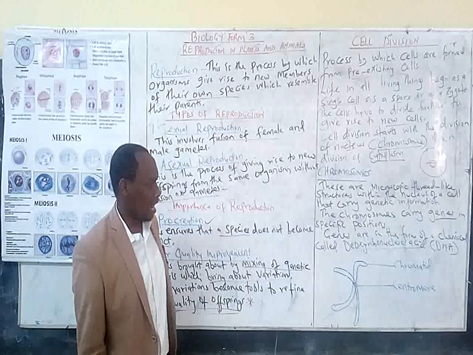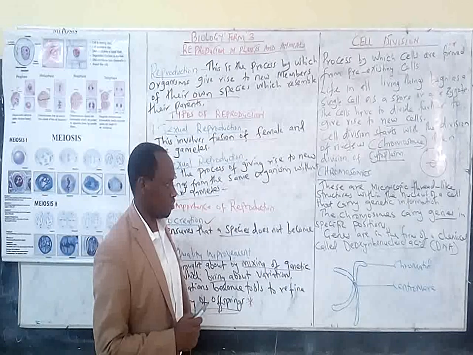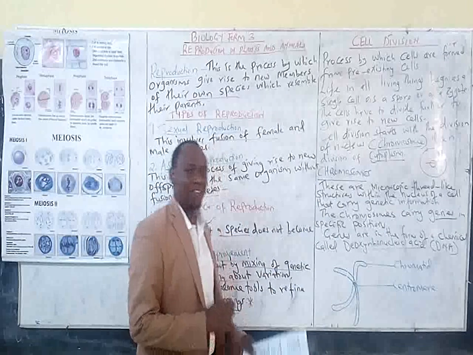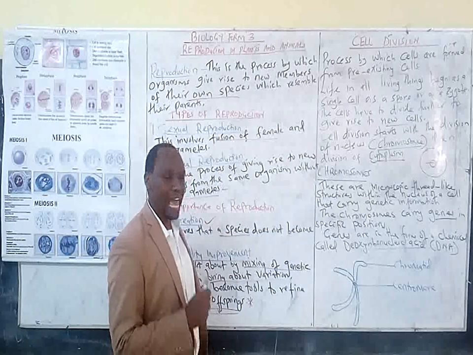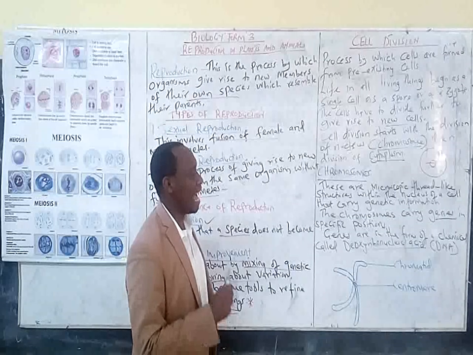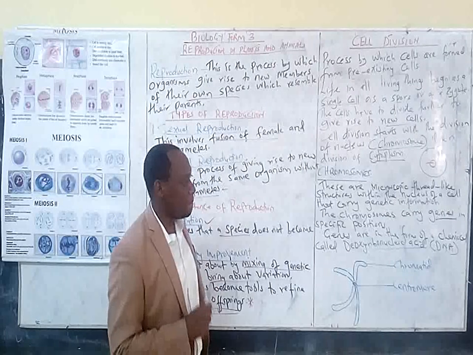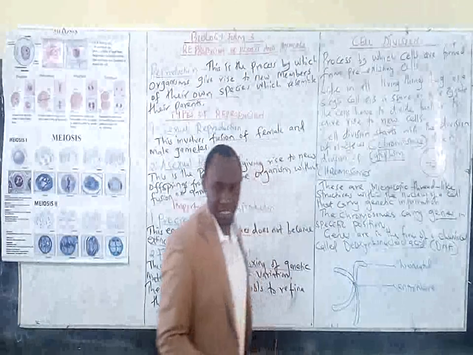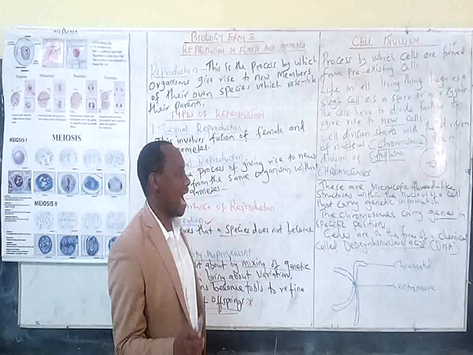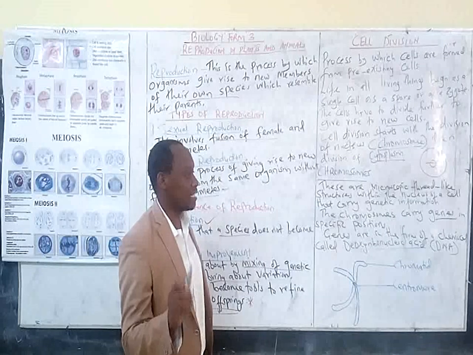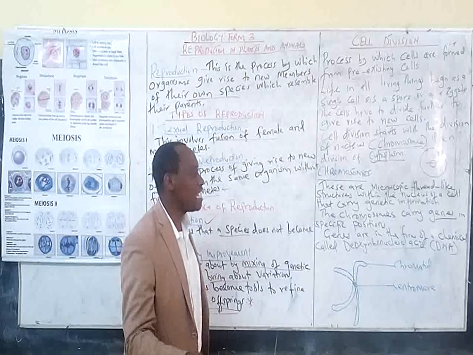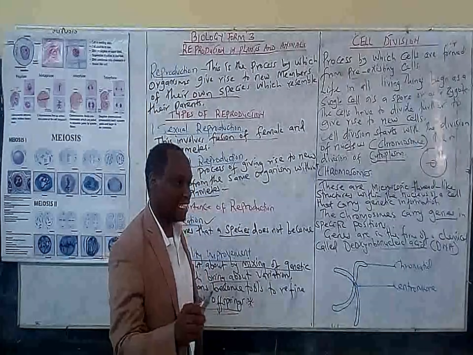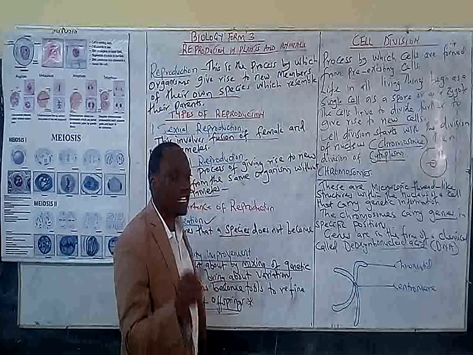Now, learners, we want to look at chromosomes because at the center of cell division, at the center of reproduction, lies the chromosome. So, what are chromosomes? Chromosomes are microscopic thread-like structures located within the nucleus of the cell.